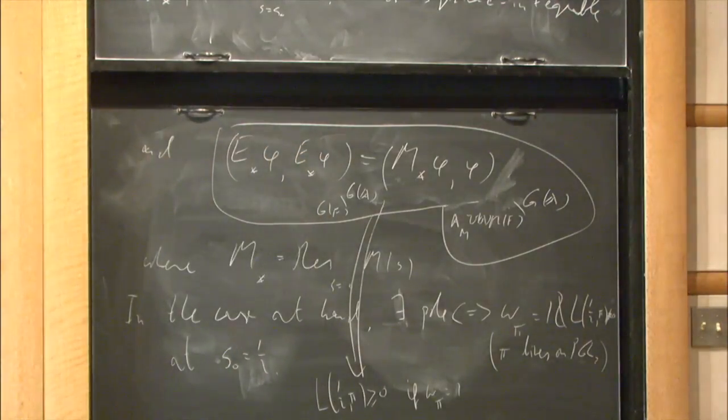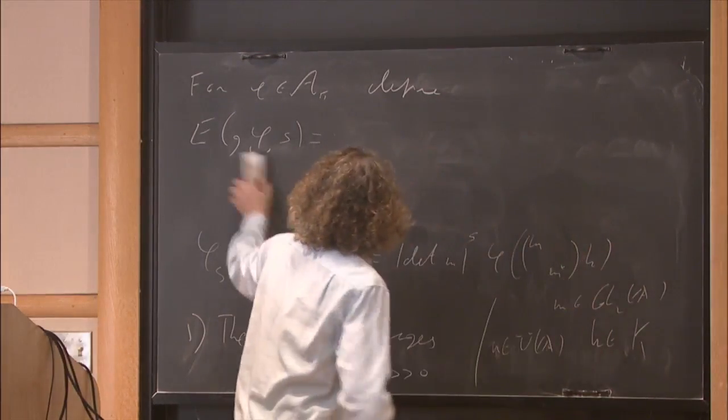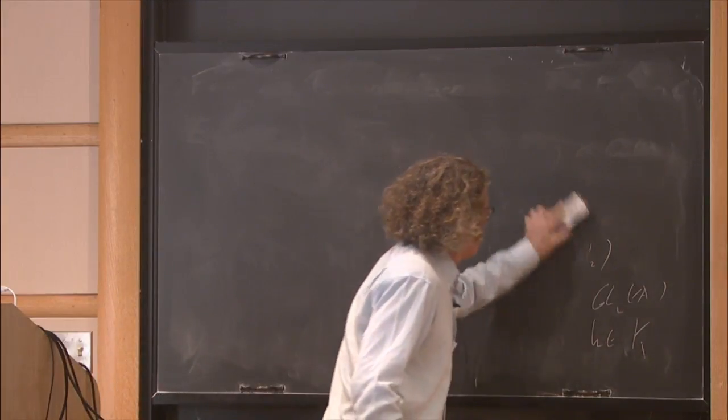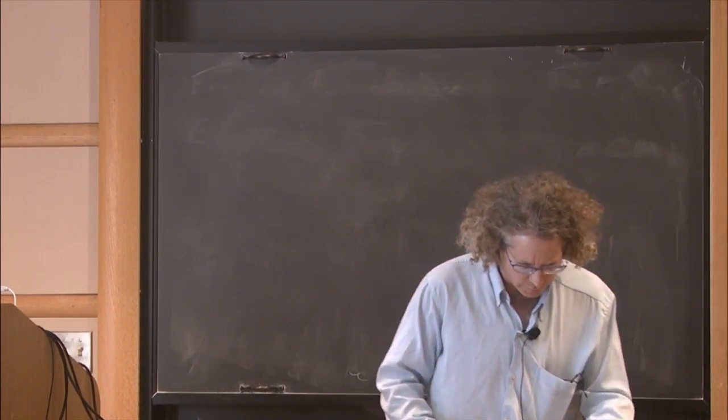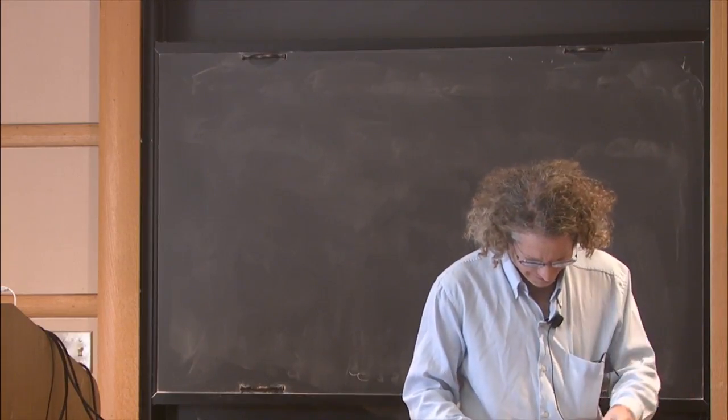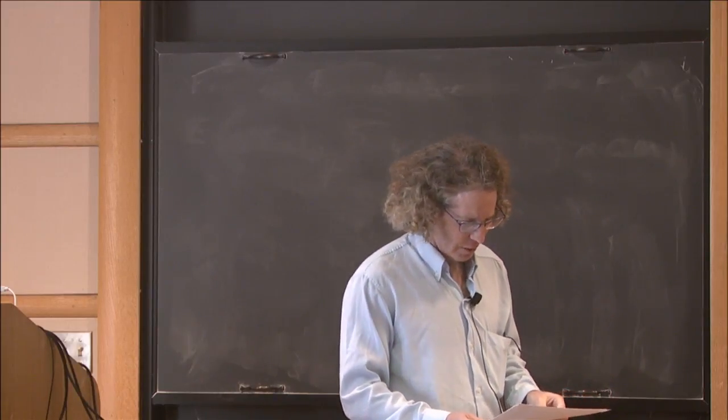Yes, when we get to the GLN, I will. But I wanted to start with this case because maybe it's a little easier to explain things. Most of the ingredients are already in this case. I will explain how it works in general later.